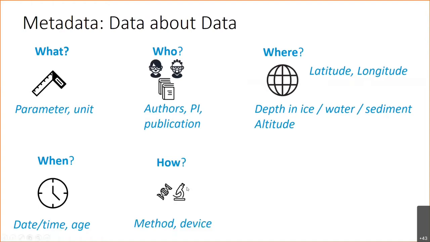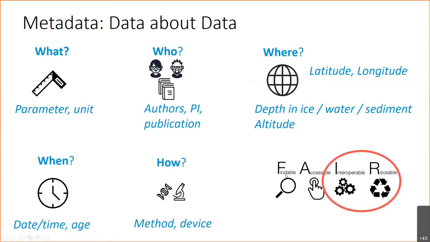And how? By these metadata, we can describe the methods and devices by which the data were generated. And all in all, these metadata are contributing massively to the fairness and especially towards the interoperability and reusability of the data.